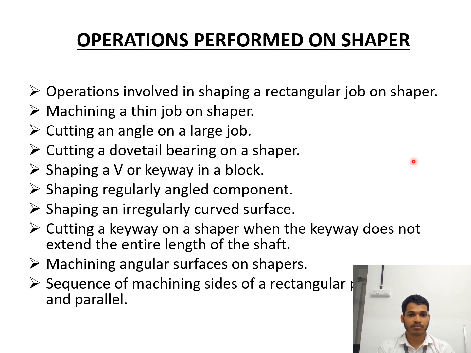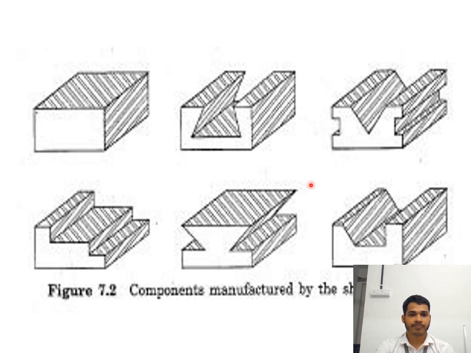So we can shape the irregular surface and cut keyways on the shaper when the keyway does not extend the entire length of the shaft, machine angular surfaces, and machine the sides of rectangular parts in parallel. This is the surface finishing, and we can also make a slot using this shaping process. This is the V slot.